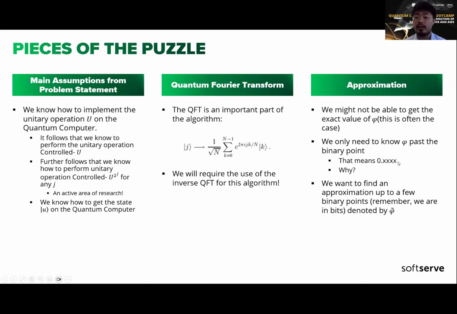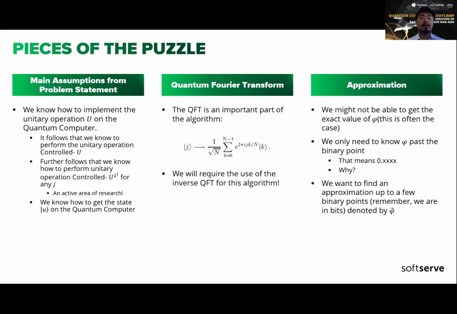If it's 5 qubits, then it'll be another x over here, where all of these x's are bits, so either zeros or ones in the binary number scheme. And so we'll denote this approximation by phi with a tilde on top.